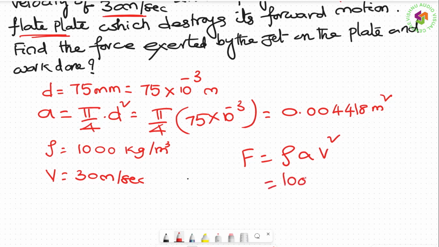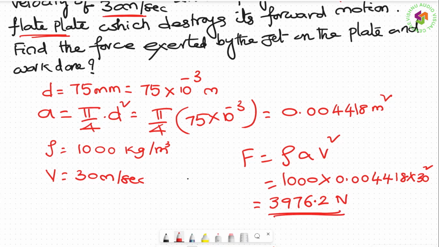Rho is 1000 into A is 0.004418 into velocity 30 square. If you calculate it, the force is going to be basically 3976.2 newtons. This is the force.